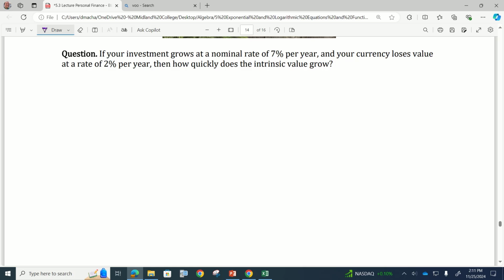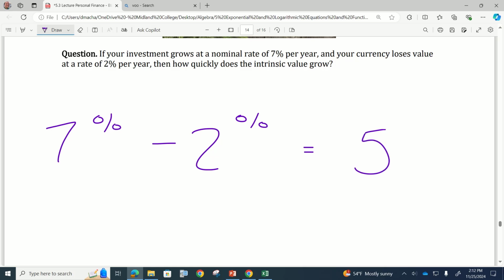If you have an investment that's growing at a rate of 7% per year, but the United States dollar, which your investment is measured by, is losing value at a rate of 2% per year, how quickly is the intrinsic value of what your investment could buy in terms of bread and milk and eggs growing? 5%.